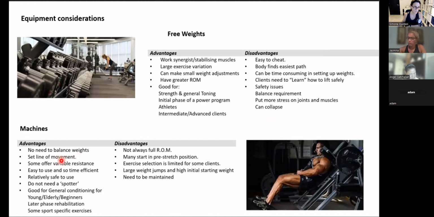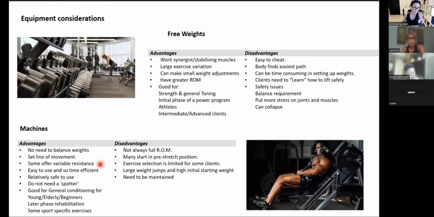Okay, so advantages for the machines: they don't need to balance the weights. The set line of movement is given, okay? So if it goes this way, you can't go that way. But if you have a free weight and you don't like to go that way, you can go this way, right? That can't happen when you have machines.